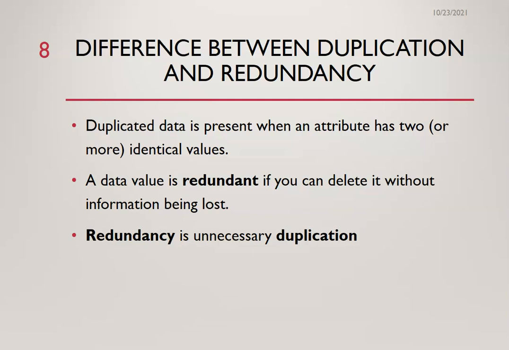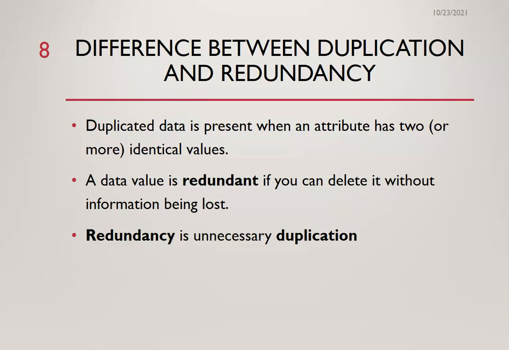In appreciating the difference, as we look at our data, you will see that this data is redundant and the other is not redundant. Duplicated data is present when an attribute has two or more identical values. So for example, if you have a table and a particular table has values that are the same, that data is duplicated. A data value is redundant if you can delete it without information being lost.